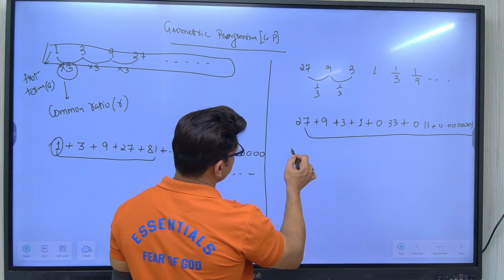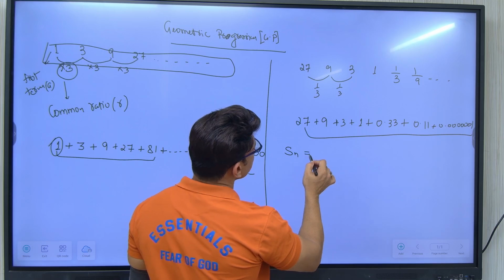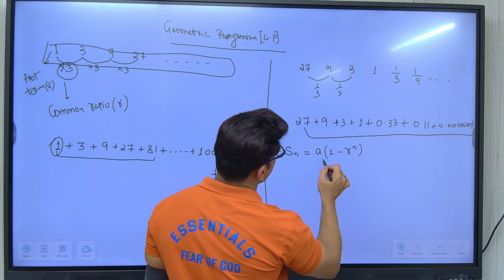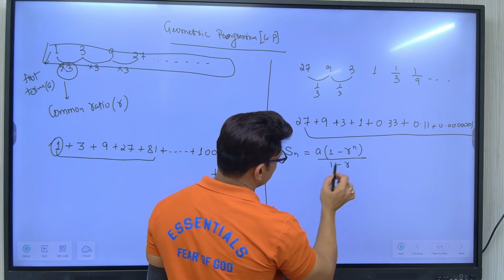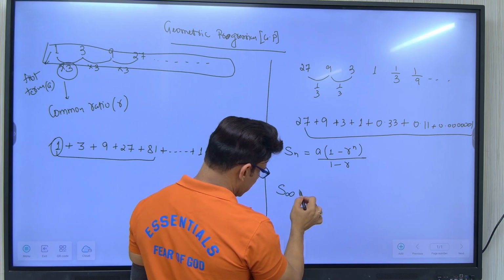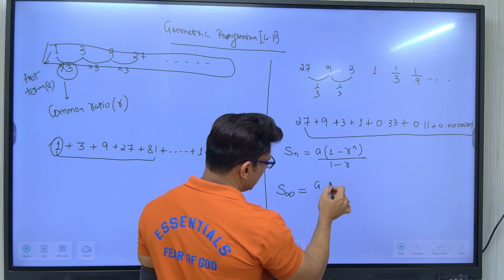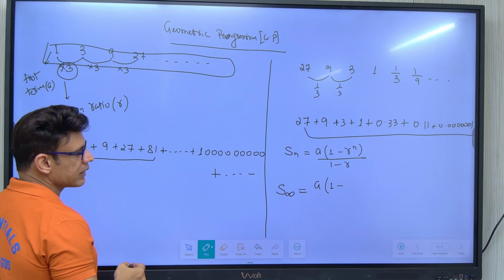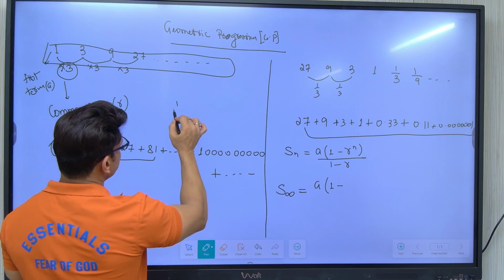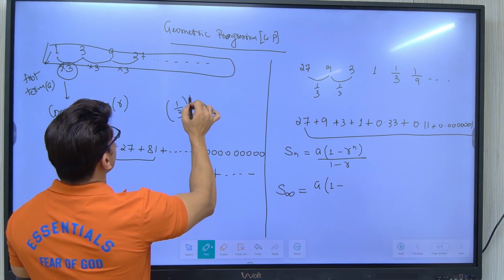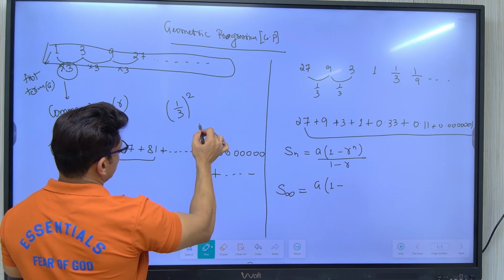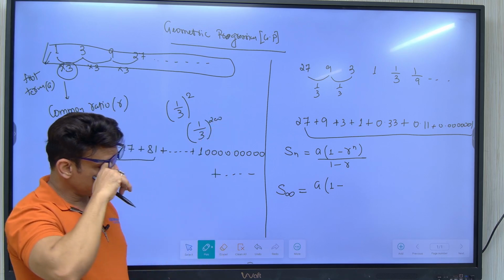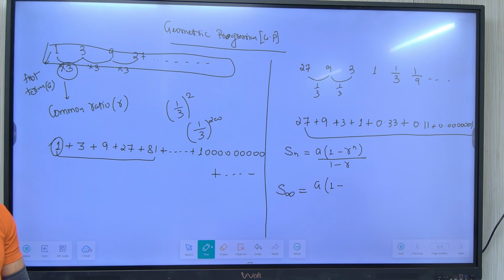What is the sum of n terms का formula? A bracket 1 minus r raised to the power n upon 1 minus r. Replace n with what? Infinite. A times 1 minus. Now focus on this. r is what? Less than 1. Let's say 1 by 3. 1 by 3 raised to the power 2 is 1 by 9. But 1 by 3 raised to the power 200 will be a smaller number or a very larger number or a very small number?